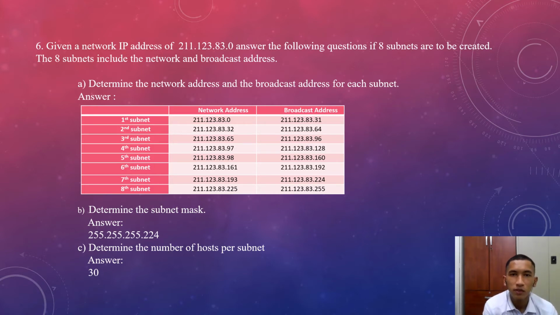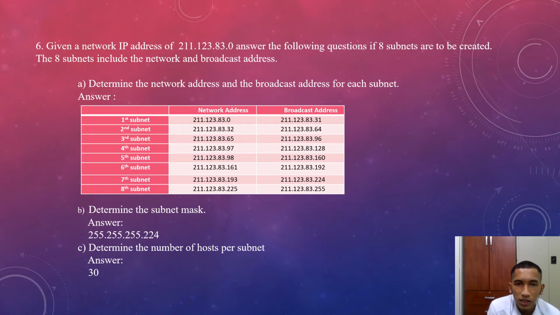Okay, for question number 6, given a network IP address of 211.123.83.0, answer the following questions if 8 subnets are to be created. These 8 subnets include the network and broadcast address. A: determine the network address and the broadcast address for each subnet. The first subnet's network address is 211.123.83.0 and the broadcast address is 211.123.83.31.